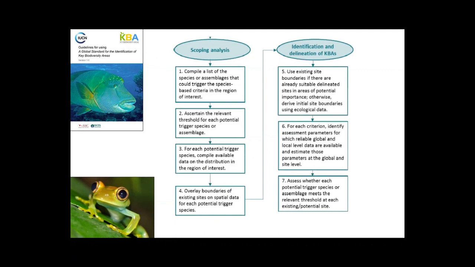So as I mentioned before, we can use area of occupancy, extent of suitable habitat, range, and number of localities. And I don't have time to go through these in detail now, but Chapter 3 of the KBA guidelines provides lots of information and addresses lots of frequently asked questions, both in terms of how to select the most appropriate assessment parameter, and then questions specific to each of the parameters.